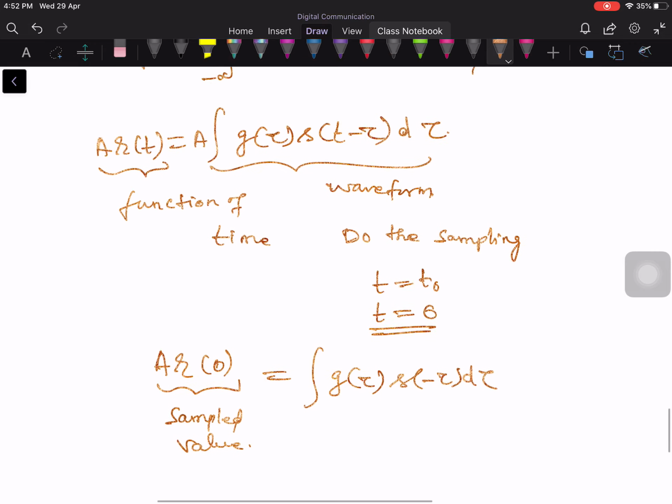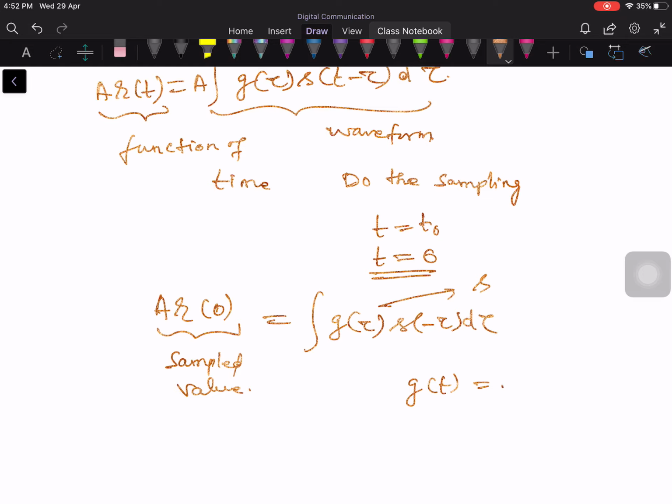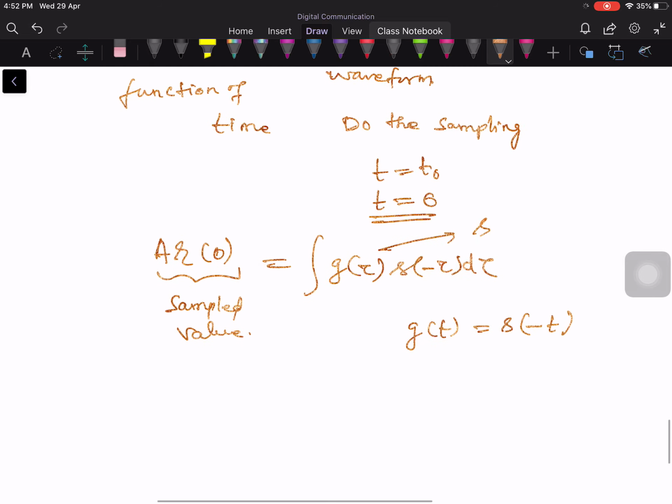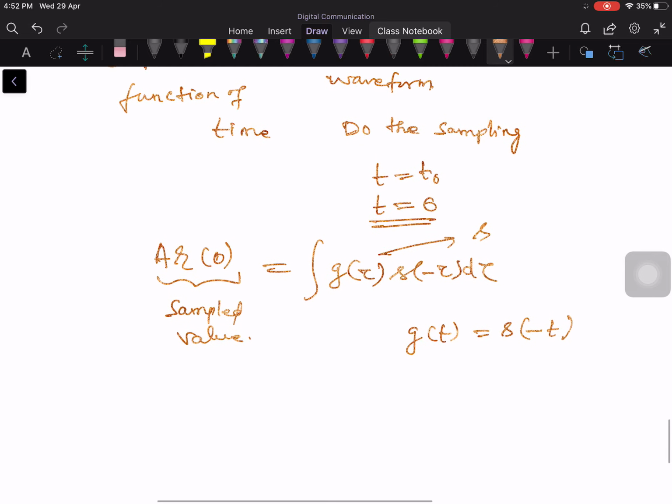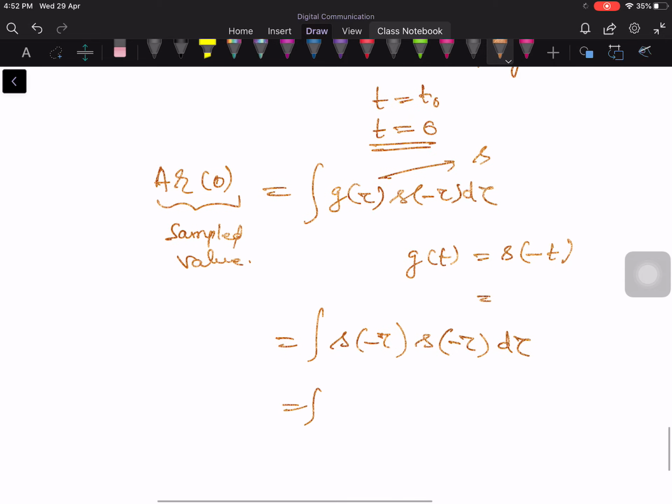And we said for the matched filter, we know that g(t) is equal to s(minus t). Therefore you substitute here. So this is the integral of s(minus tau) times s(minus tau) d tau, and now you can change the variable of integration.